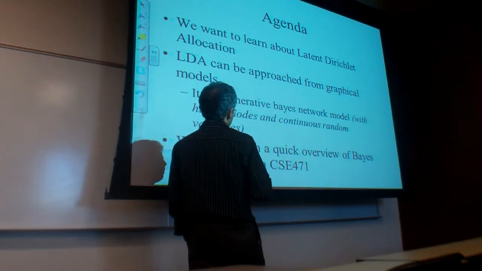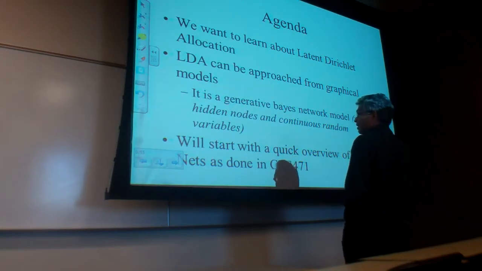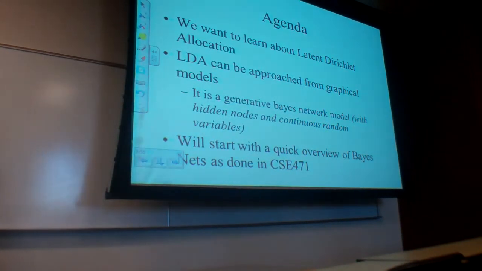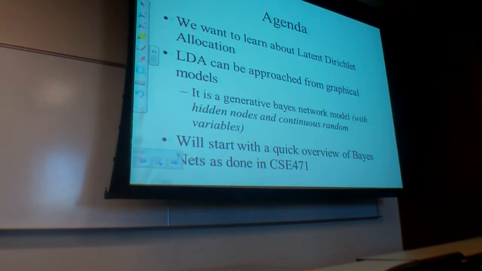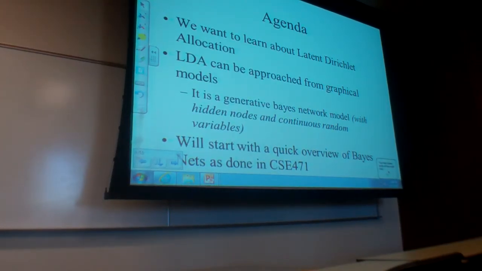Notice, of course, that what I'm trying to cover, I covered in 471 in about 8 lectures. But the videos for that are completely available. So if you don't know this stuff and you need more information on this, just look at the 471 videos or look at anybody else's.